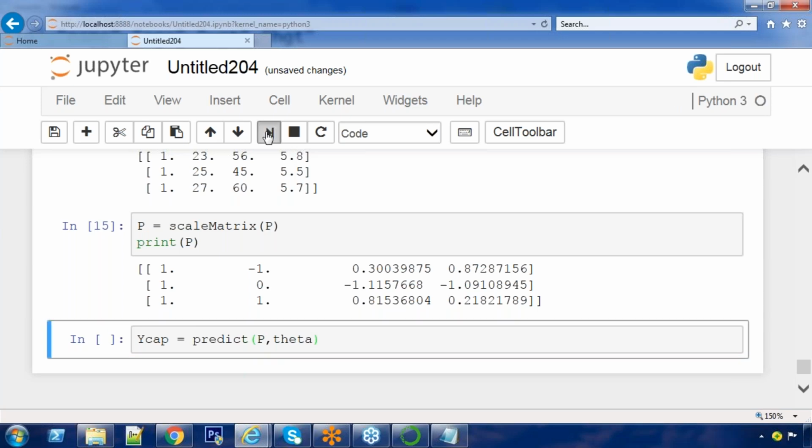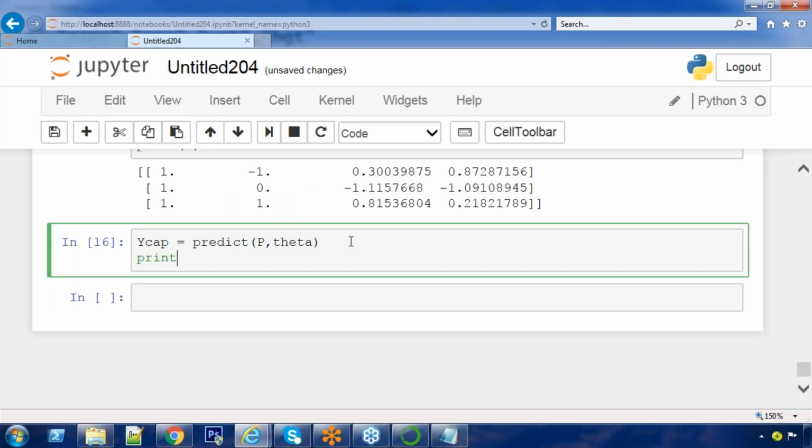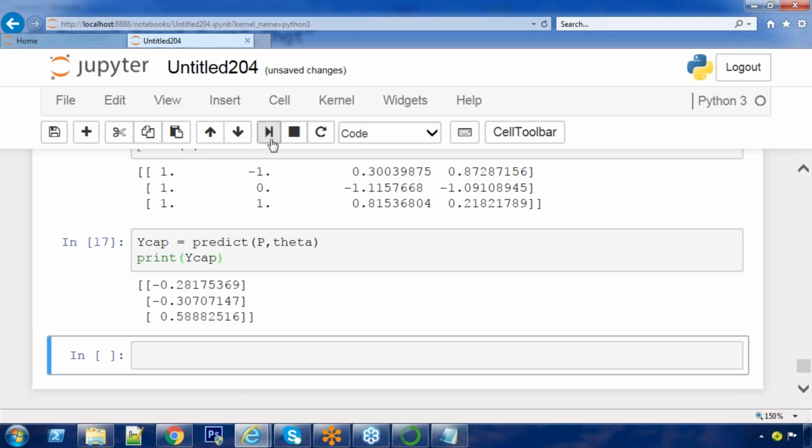You got it like this. Print y cap. These are predictions. Understand? These predictions are what, sir? Scaled predictions.